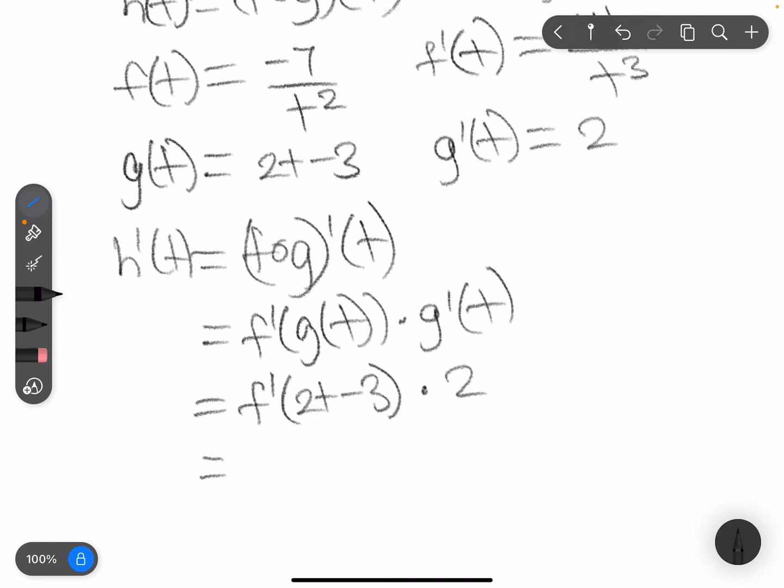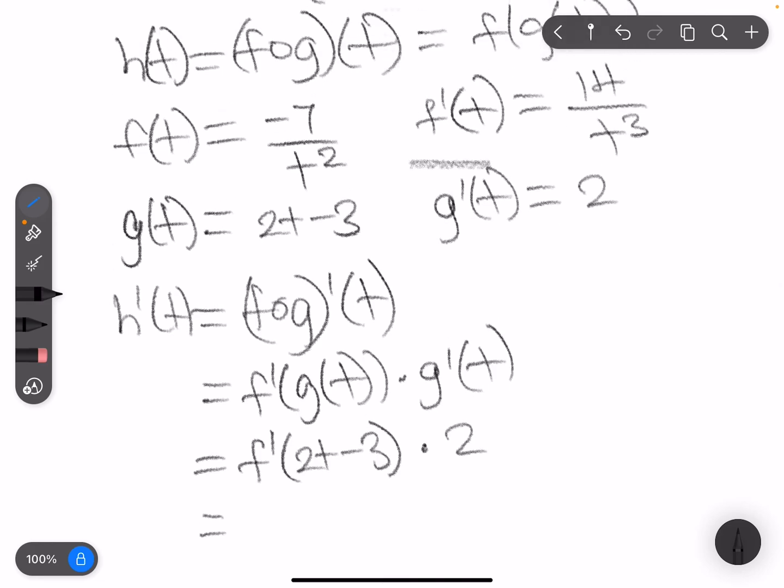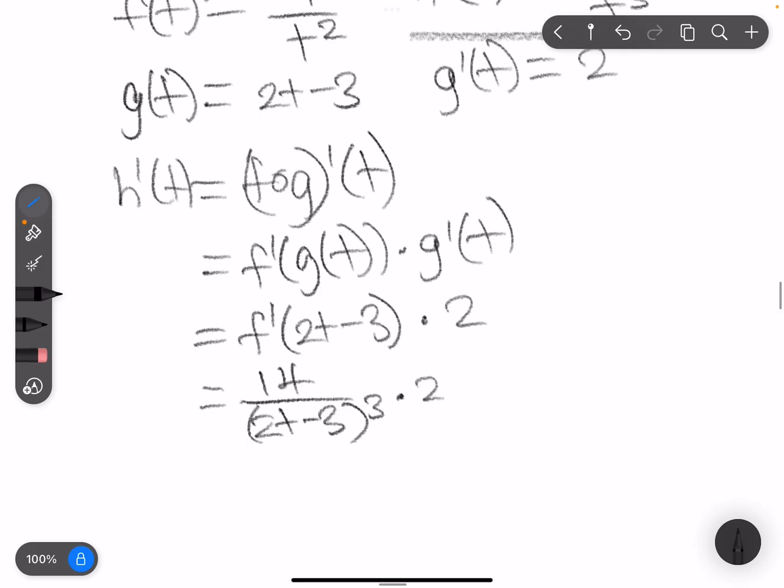And certainly we see f prime of t is 14 over t cubed, so this becomes 14 over 2t minus 3 cubed times 2, which is 28 over 2t minus 3 cubed.